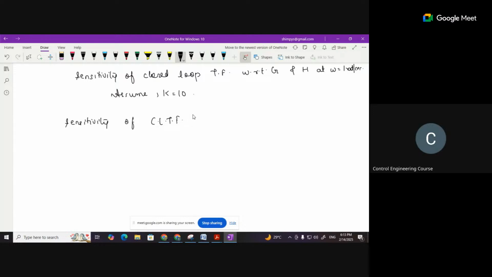With respect to G, it is given as 1 by 1 plus GH, right? Do you agree with this?